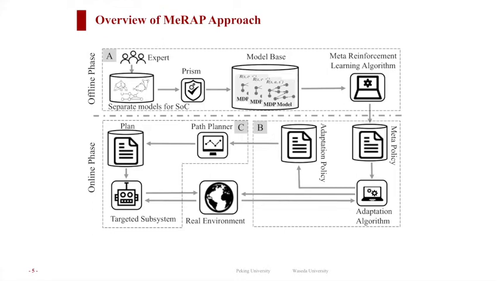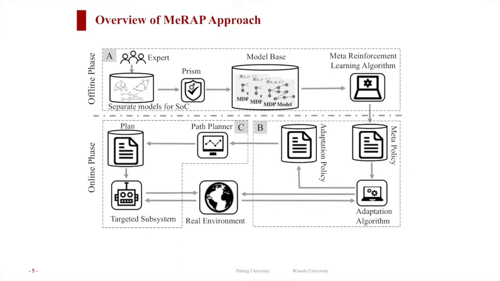There are 3 phases. Offline training, that is, for training a meta policy. First, submodels on the spatial environment, the system capabilities, and the objectives under different assumptions are defined. Second, these submodels are synthesized into integrated dynamic models represented by MDPs, which constitute a model base.